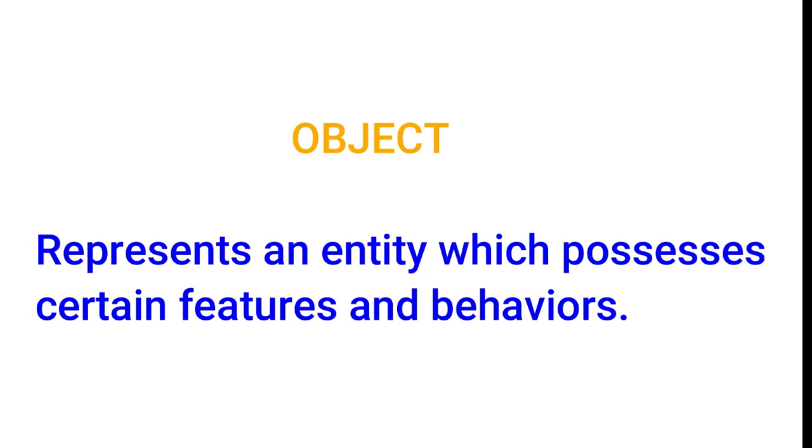So an object is like the real thing. It is like the real entity that you can touch or feel. As we continue in different object-oriented programming languages, you will fully understand what objects are.